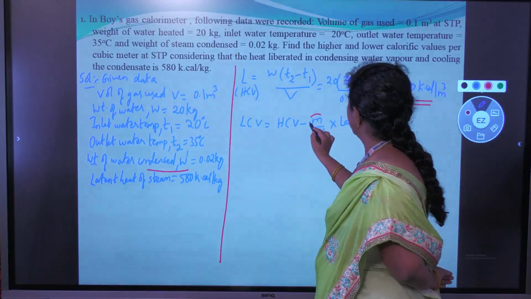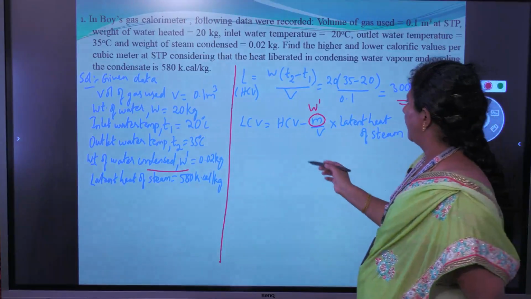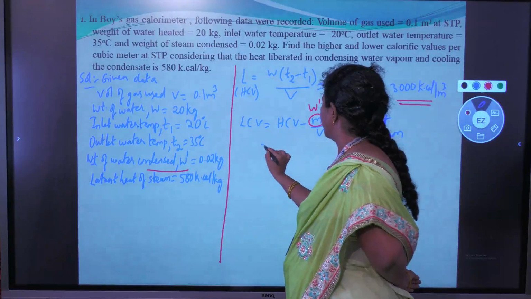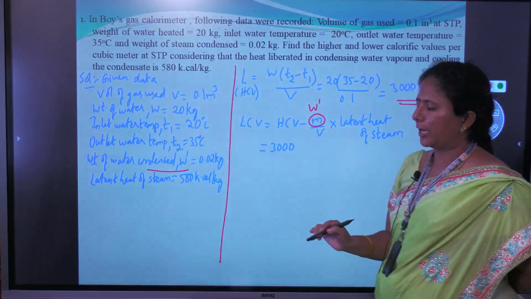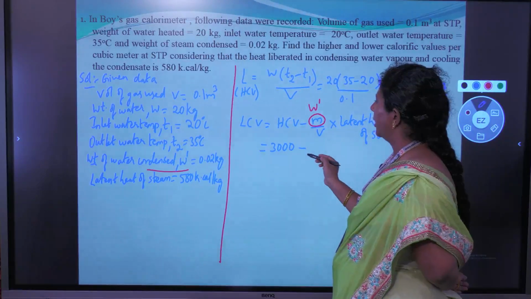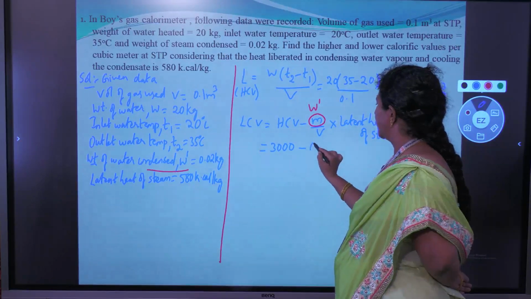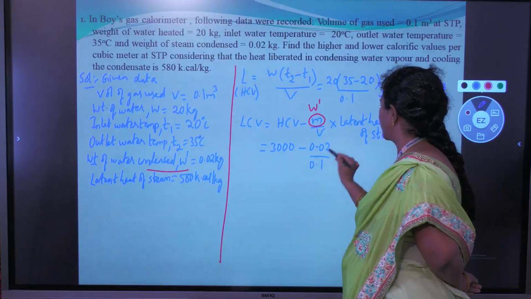That means we can write it as W dash. So this will be equal to HCV 3000 kilocalorie per meter cube minus the W dash value, which is given as 0.02 by 0.1.